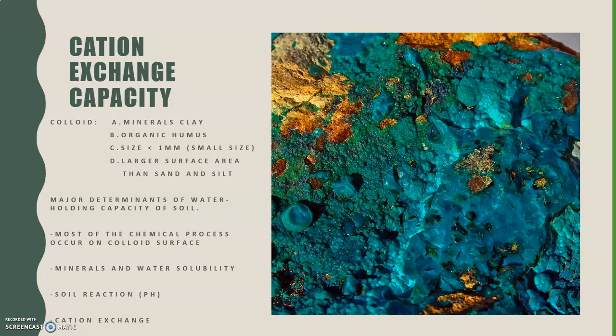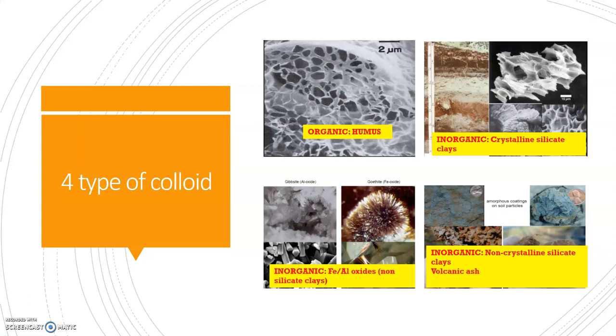Okay, here the basics will have mineral clay and also organic humus, but we have 4 types of colloid. Organic means humus. For clay, we will have 3 types of clay. Inorganic clay, you can see here, means it doesn't have organic layers in it.